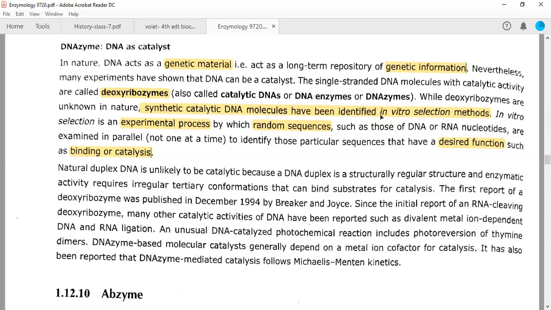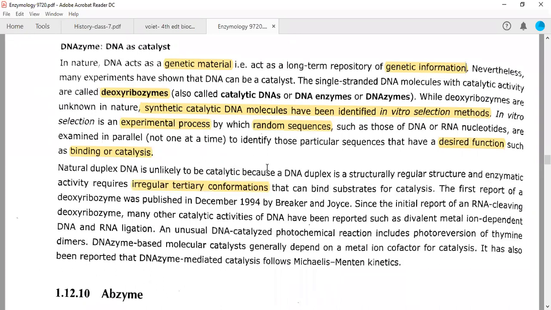So using this technique, we are able to identify some of the DNA. These are mostly single-stranded DNA because double-stranded DNA is very, very stable and it cannot catalyze the reaction. So natural duplex DNA molecules are unlikely to be catalytic because double-stranded DNA is already very stable. The DNA duplex is structurally a regular structure, and enzymatic activity requires an irregular tertiary conformation.